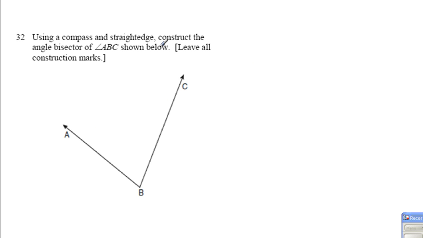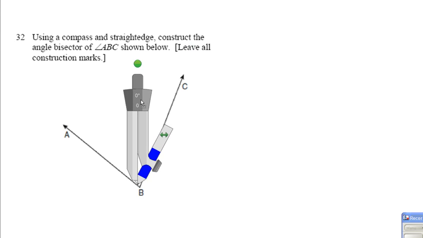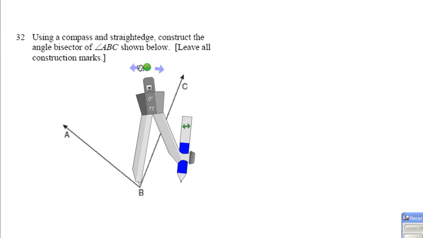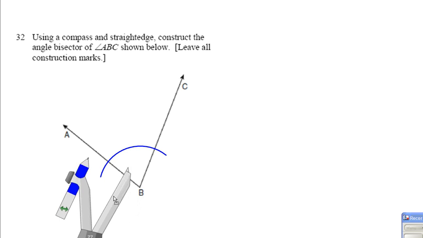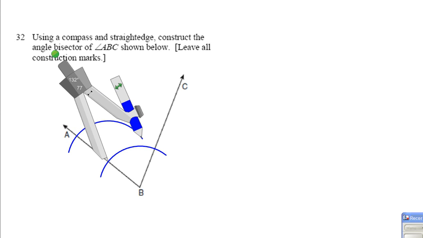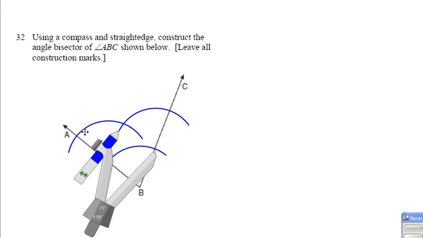Alright, number 32. Angle bisector. Okay. Here we first draw a line like this, and from that line I guess we can draw another arc, and we can draw another arc.